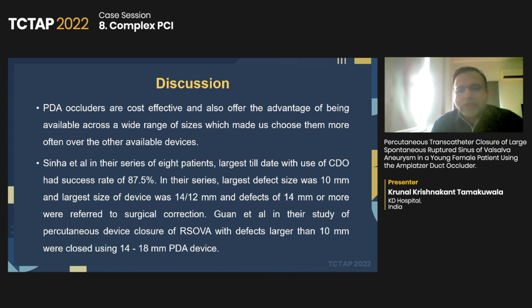In this series, the largest device was 14-12 mm, and defects of 14 mm or more were referred for surgical correction. In the series by Guan et al., percutaneous device closure of RSOV with defects larger than 10 mm was safe, and they were closed using 14-18 mm PDA devices.